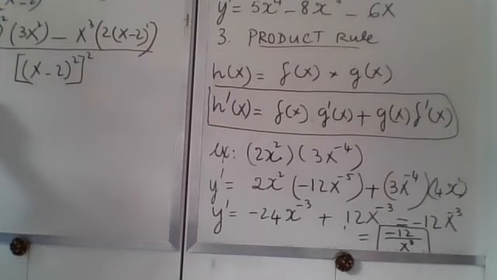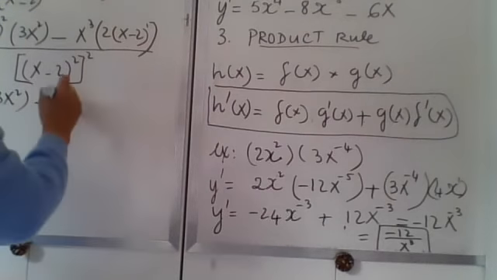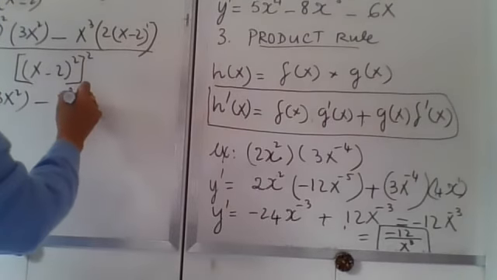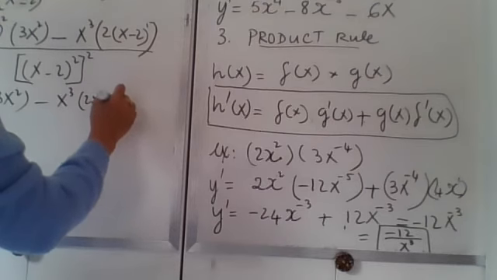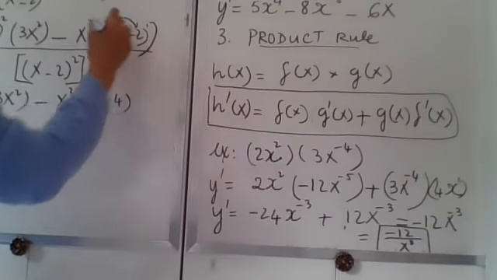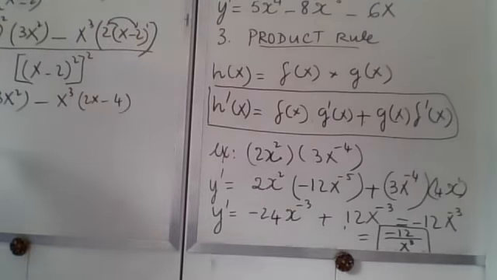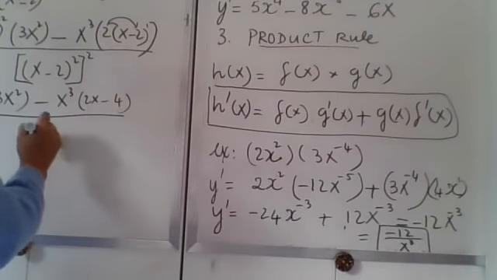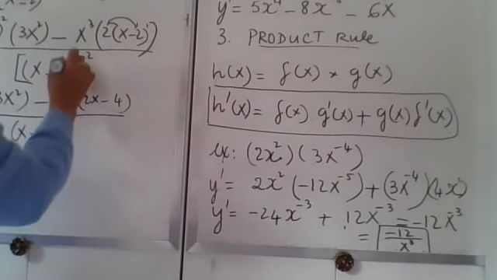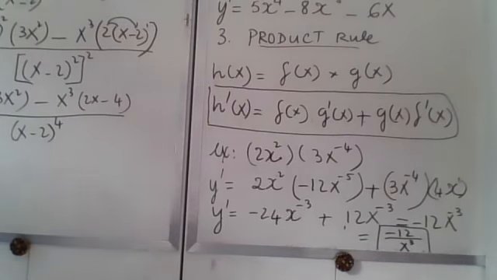Just simplify this. Okay, so it's x minus 2 squared times 3x squared minus x to the power 3 times 2x minus 4. Right? And just distribute this, so simplify the bracket a little bit, all of this over x minus 2 to the power 4.